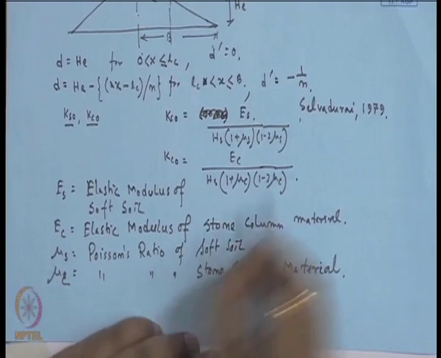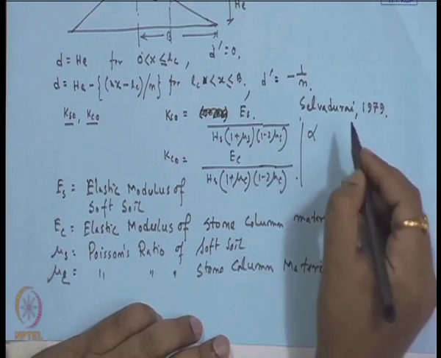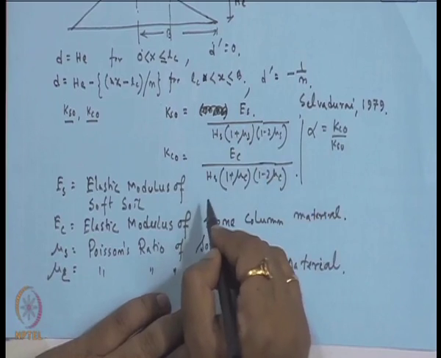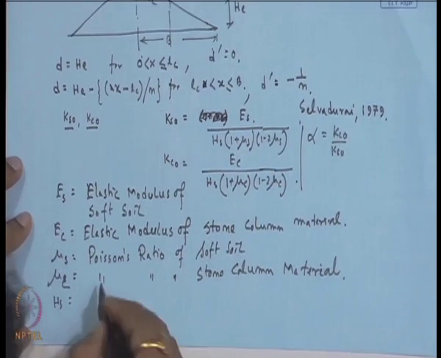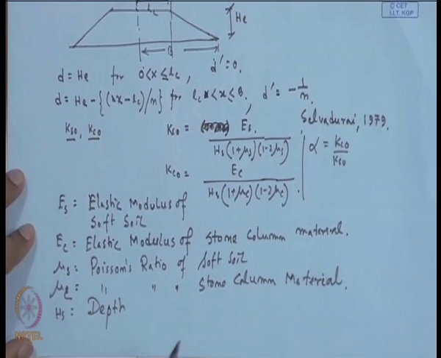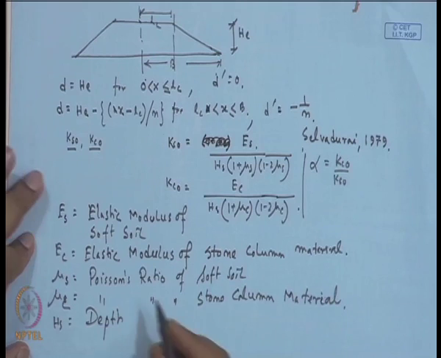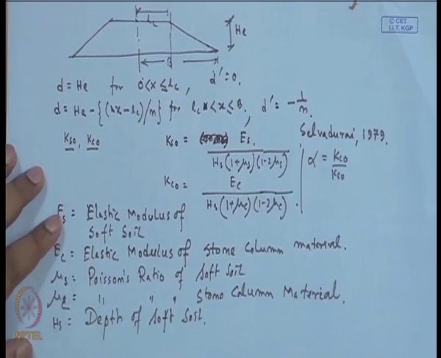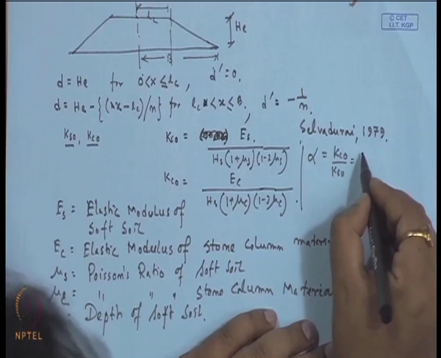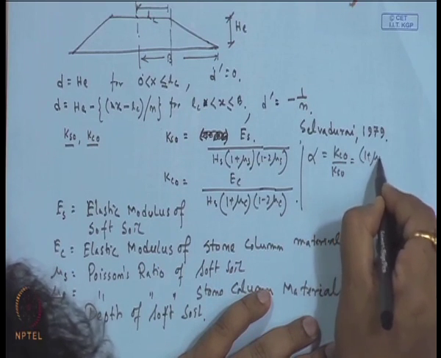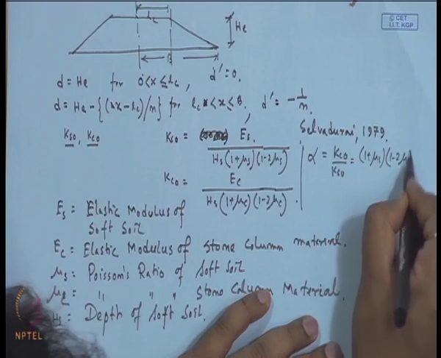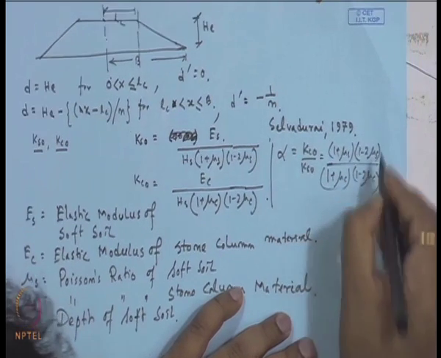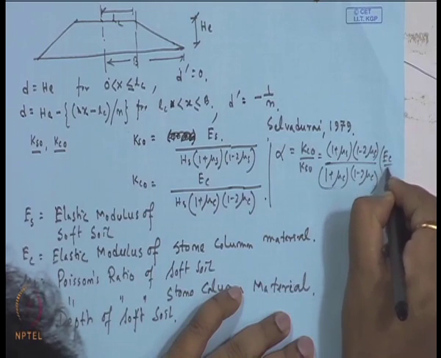Now if I express alpha, where alpha is equal to K C 0 by K S 0, where H S is the depth of subsoil, and here we assume that the depth of subsoil and the depth of stone column are the same, we can write alpha as (1 plus mu s)(1 minus 2 mu s) divided by (1 plus mu c)(1 minus 2 mu c), into E c by E s.